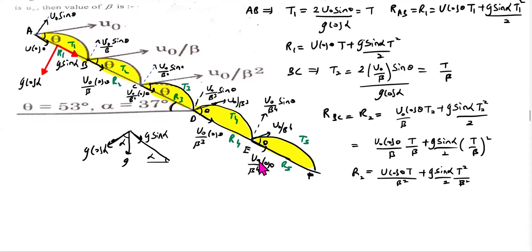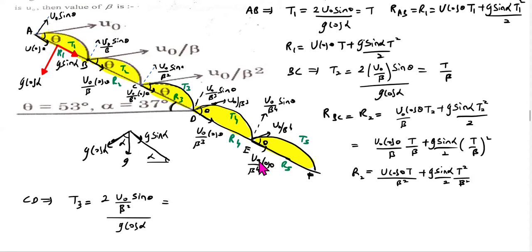Then the third will be from C to D. So this will become 2 times U naught beta square sin theta by G cos alpha.